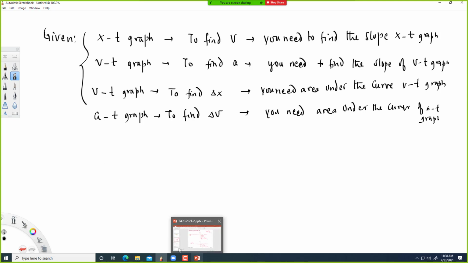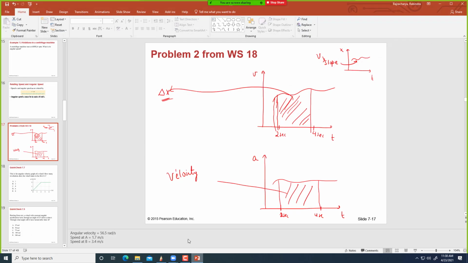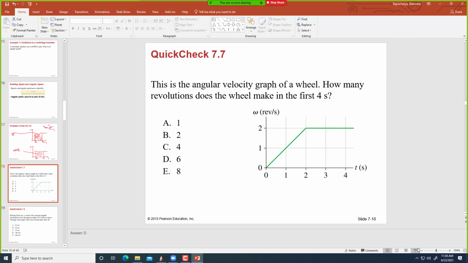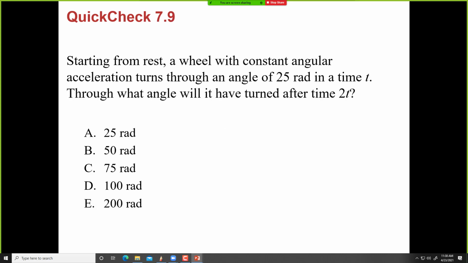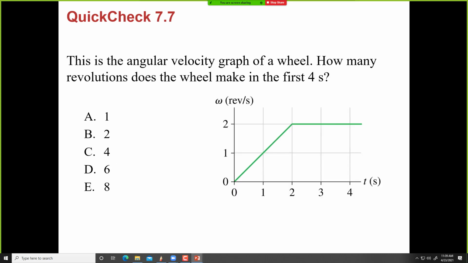So let's look at a question. Here we have omega versus time. Omega is similar to the velocity, and we want to find how many revolutions. Revolution is just like displacement. So if you look at the rule, to find the displacement from velocity versus time, you need the area under the curve.